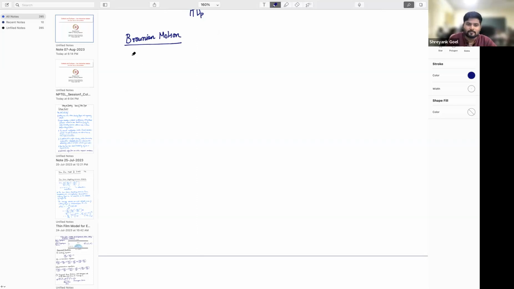So basically, Brownian motion is a random motion. What you are saying as haphazard is random motion of particles suspended in a medium. The medium can be some sort of fluid.